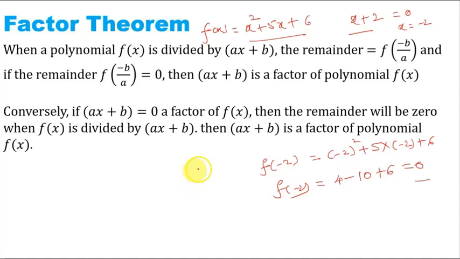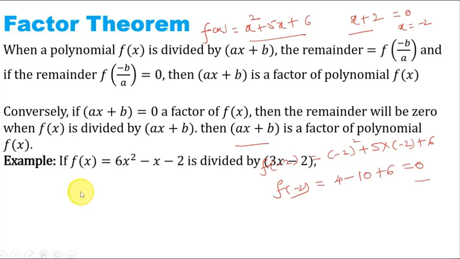Similarly, as x + 2 is a factor of this polynomial x² + 5x + 6, the remainder will be 0 when x² + 5x + 6 is divided by x + 2.